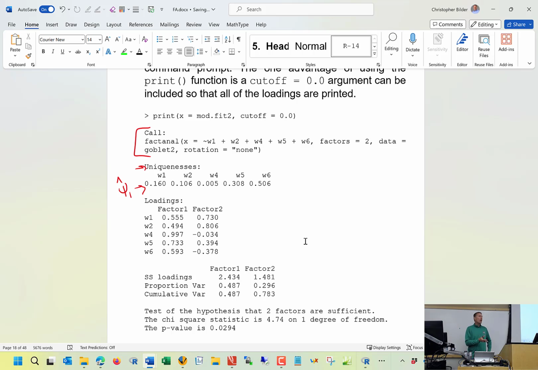I have a table called loadings here. Here are my lambdas. For example, this is lambda 1,1. Now I'm going to put a hat on it because these are actual maximum likelihood estimates. Here is lambda 2,1 hat, 0.494.